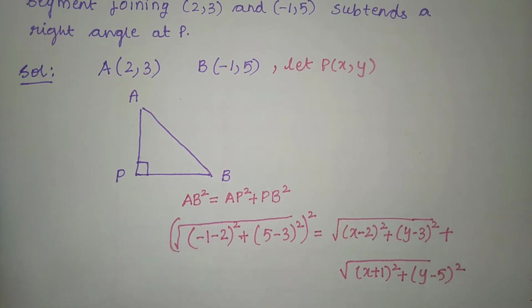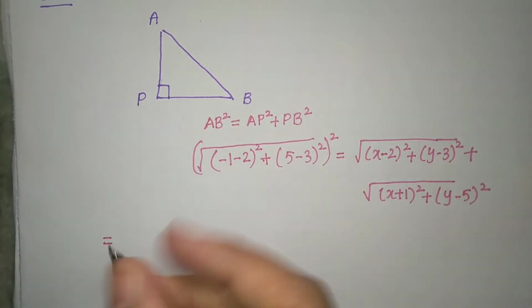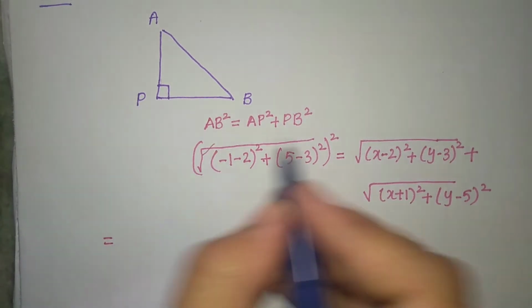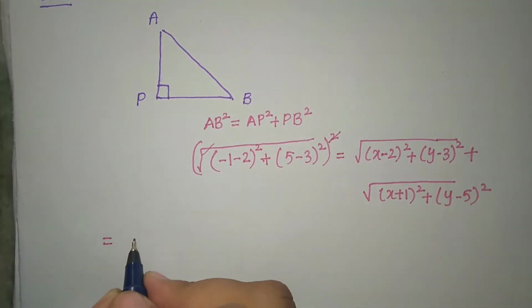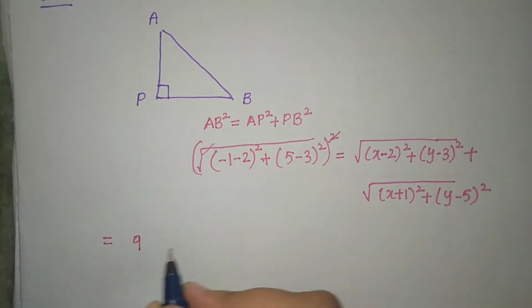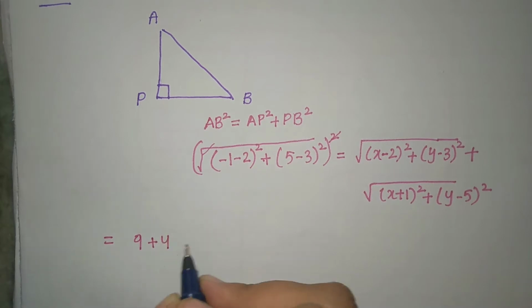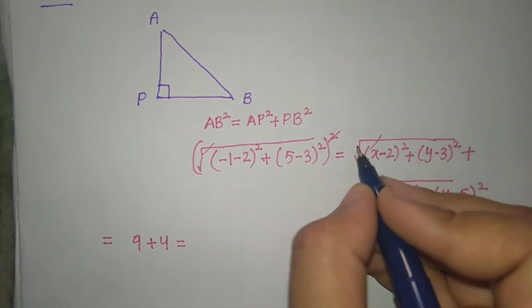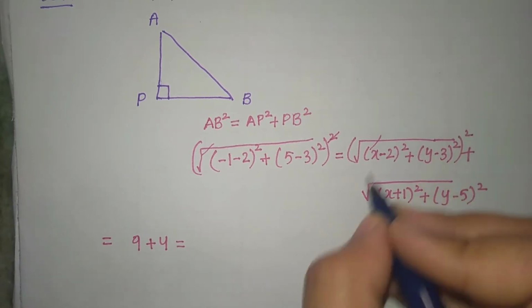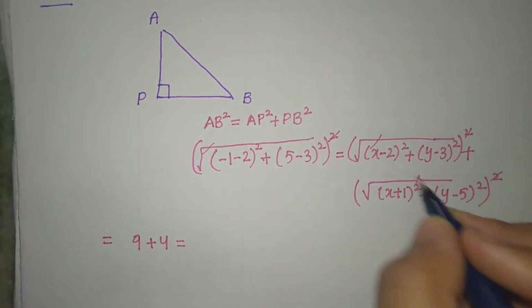Let's expand this. So this one, square and under root will get cancelled. So (minus 3) whole square is 9, and (5 minus 3) whole square, that is 2 square, 4, is equal to square. And here we have also square and under root will get cancelled.